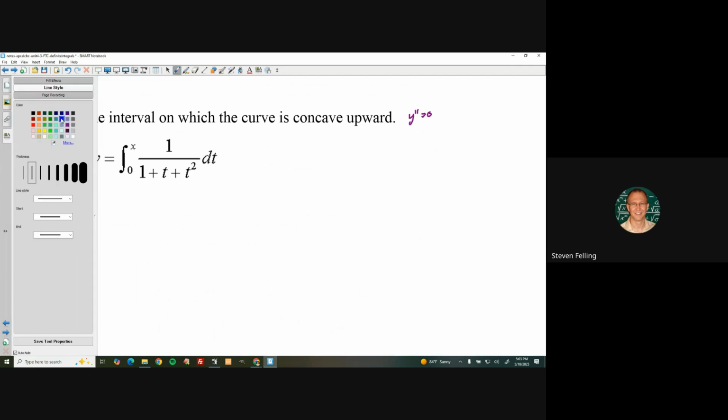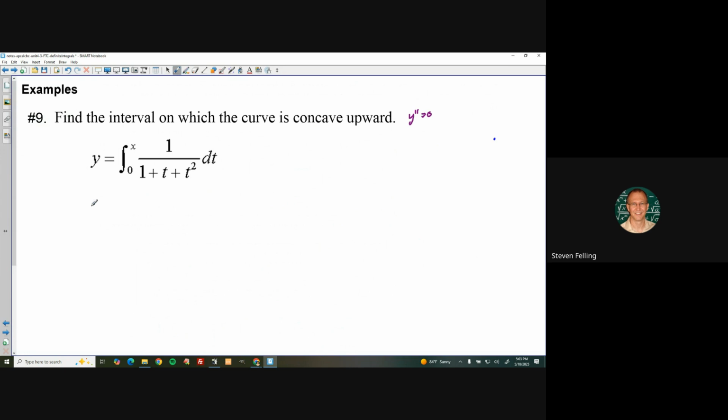So first, we can go ahead and take the first derivative, y prime, by saying that's equal to the derivative of the integral from 0 to x of 1 over 1 plus t squared dt. Okay, so the derivative and the integral cancel each other out. I have a constant here, and that just means that I'm going to get the same function except with x plugged in here: 1 over 1 plus x squared. So that's the first derivative.